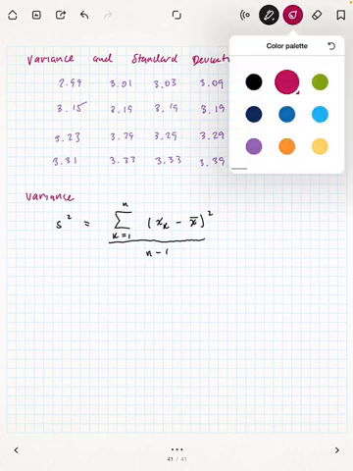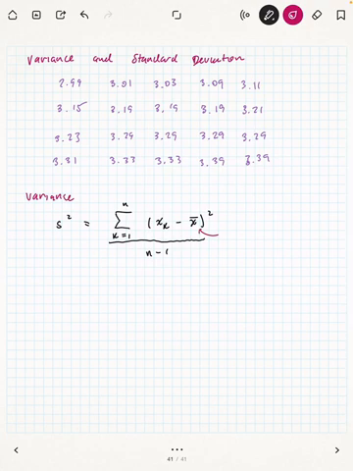So let me clarify what all this is, right? So this is the sample mean. And this expression right here is what we sometimes call the squared deviations. By deviations, we mean how far away we are from the mean, from our notion of average.